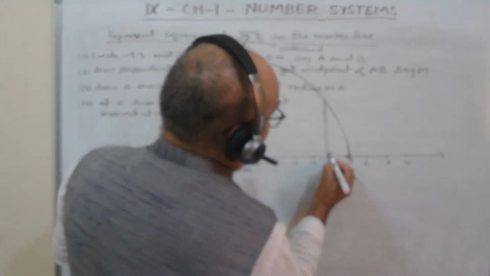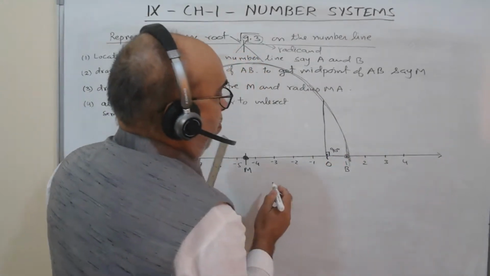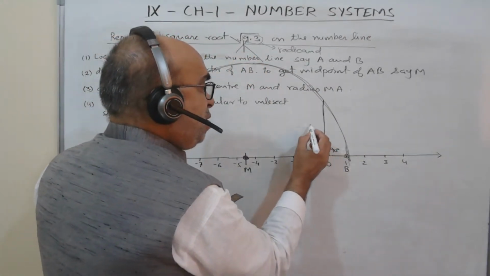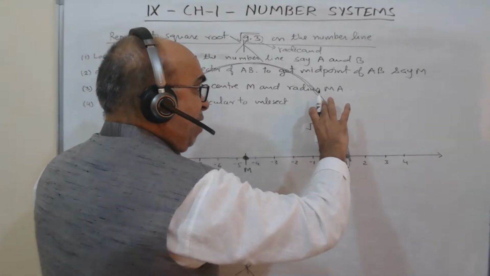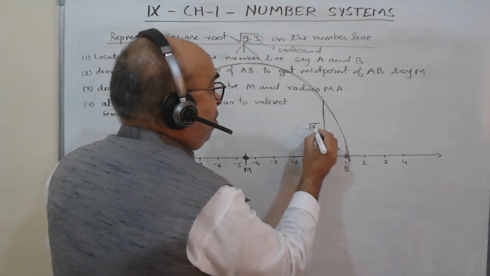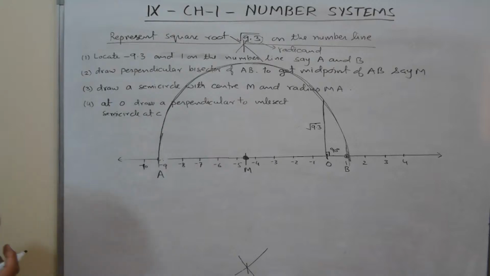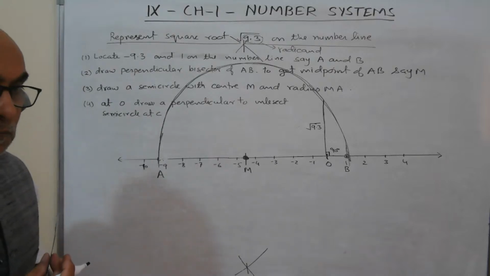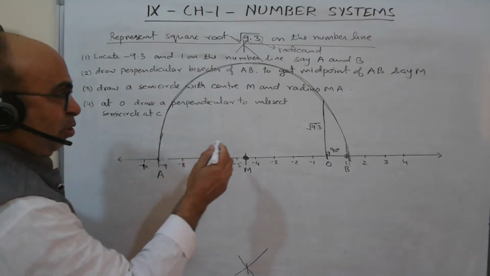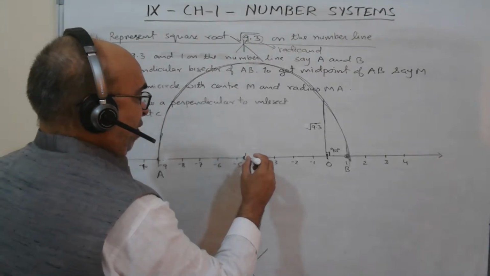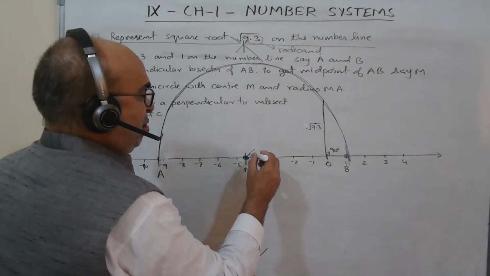This angle must be 90 degrees. Then this length will represent square root 9.3. By the Pythagoras theorem, if you want to verify, you can verify it. This is the radius of the circle.